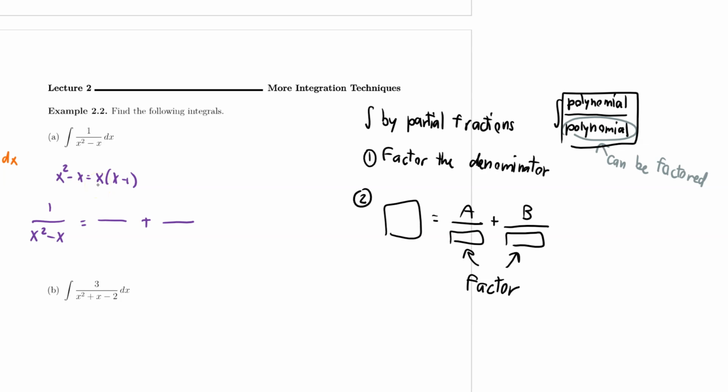One of them is x and the other one is x minus 1. But I don't know the numerators yet, so I'm just going to write them as A and B for the moment. So for the next step, I'm going to have to solve for A and B.